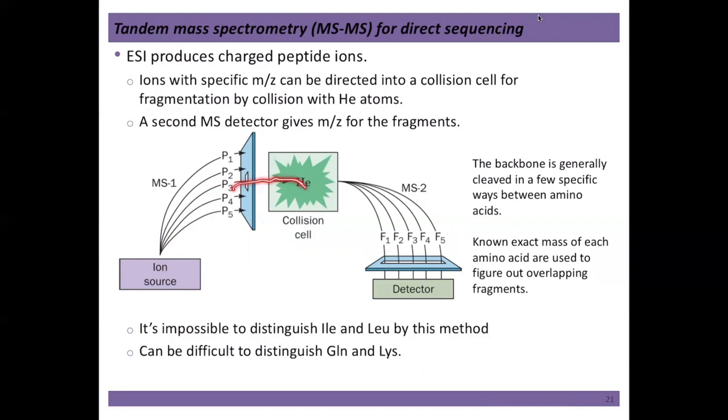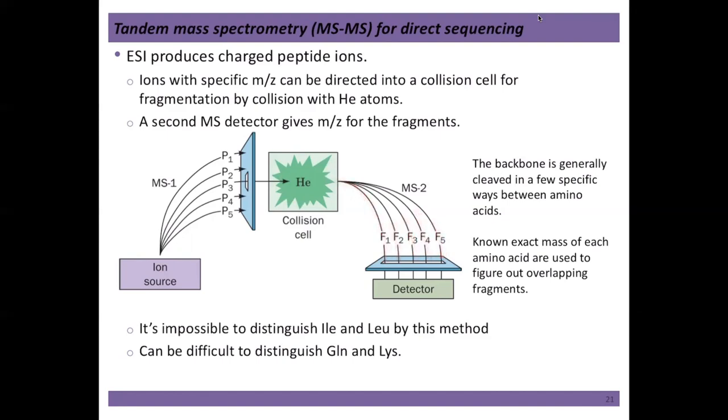And then it goes into what's referred to as a collision cell. In this collision cell, you actually get collisions with an inert gas like helium, and it's going to fragment your protein. And then you have a second mass spec that actually detects the weight of those fragments there.